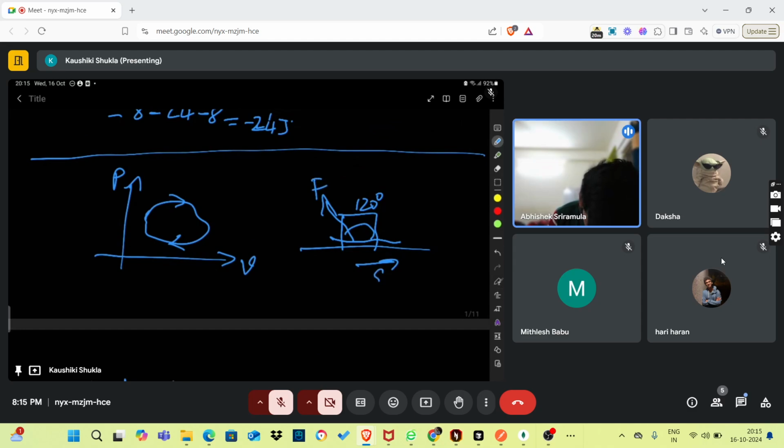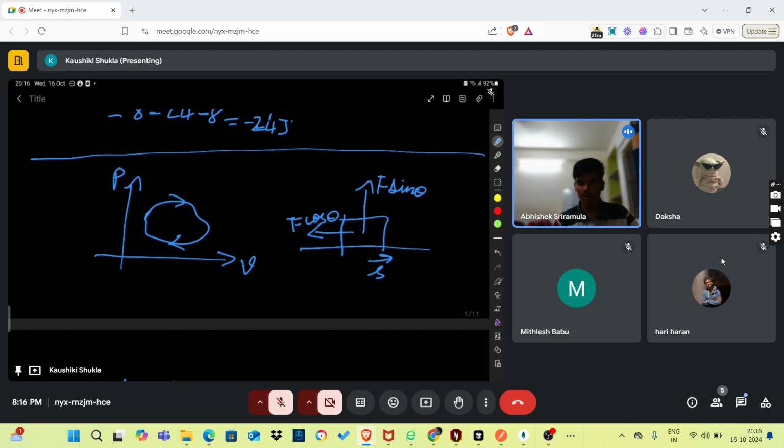Let me draw it properly. F sine theta, and this is the displacement here, and this is F cos theta.